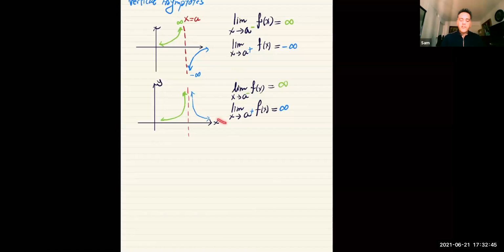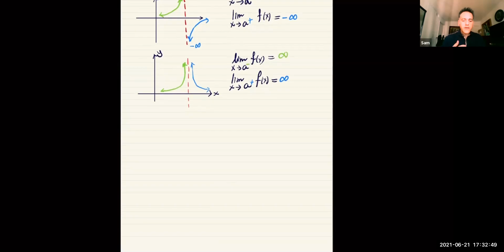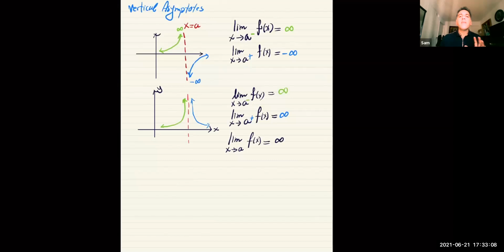For this situation, though, you can combine these two statements and say that the limit as x goes to a is just equal to infinity. Since they are both going to infinity, you could just say the limit is infinity. But when the limit is infinity, in either case, it doesn't exist.